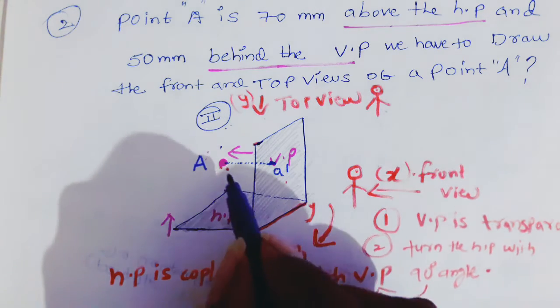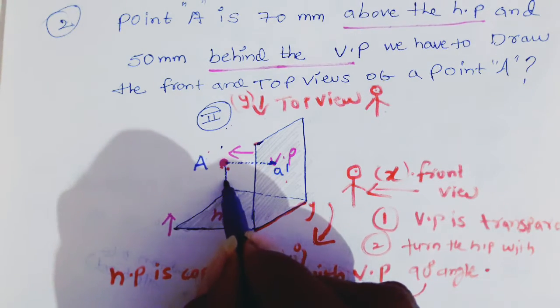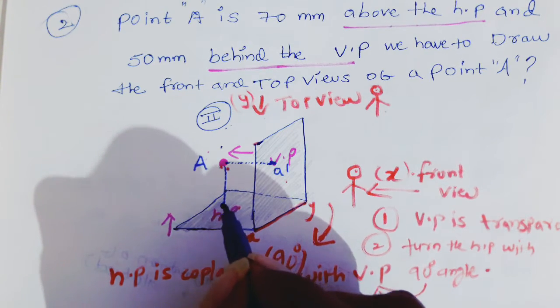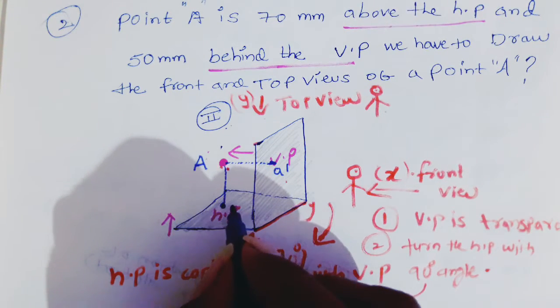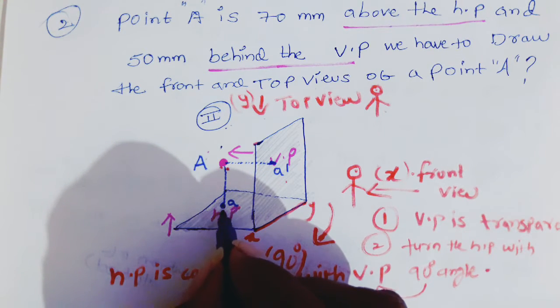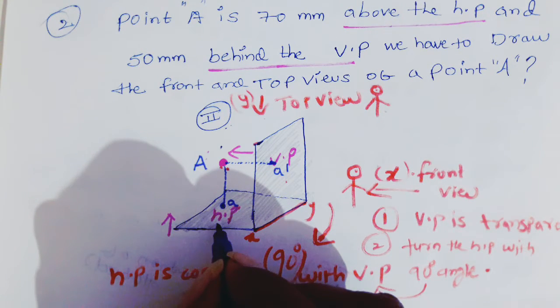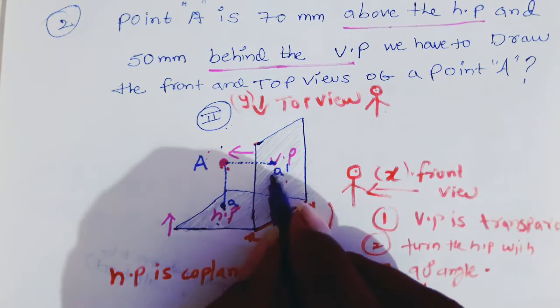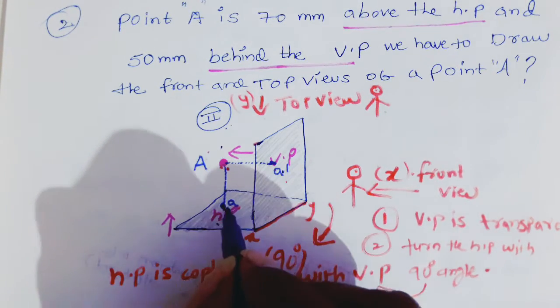Okay, next from the top view, here I will get the position of point A on HP. I am marking it as A. Okay, right? This is the top view position. This is the front view position.